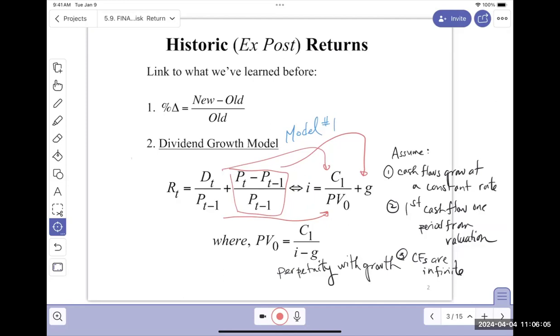So back to what I said earlier, this formula we learned today is the more general version. This that we learned in Unit 1 is the more specific with these assumptions in place.